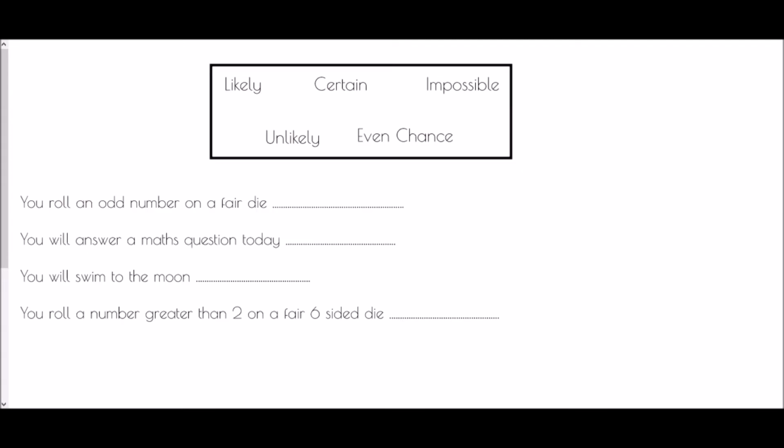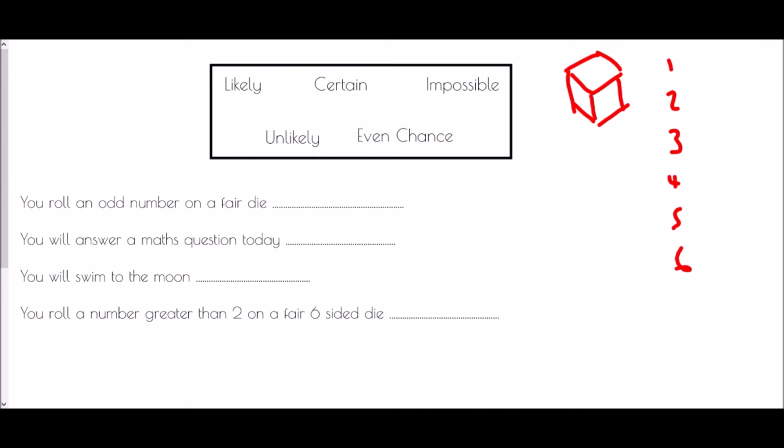So let's see if we can use some of those words in order to answer a few questions about probability. The first one is you roll an odd number on a fair die. Well, if we are thinking about a fair die, what we are thinking about is a 6-sided dice, and the values that we can get therefore are 1, 2, 3, 4, 5 or 6.